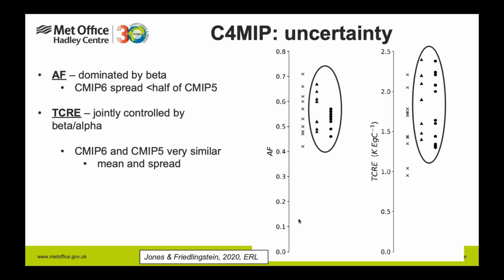We've got two competing changes since CMIP5. The airborne fraction has, in terms of the standard deviation across models, less than half the spread that it had in CMIP5, so we've reduced the uncertainty in the carbon cycle component by about half. But the increase in climate sensitivity and its uncertainty from models means that TCRE overall has a very similar mean value and model spread to CMIP5.